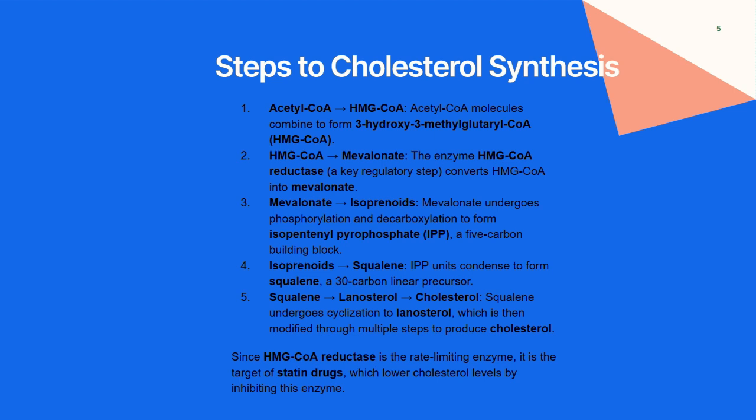So this is the summarized version of it. HMG-CoA reductase is the rate-limiting enzyme, and it is the target of statin drugs, which lower cholesterol levels by inhibiting this enzyme. So it makes the body create less cholesterol, for short.